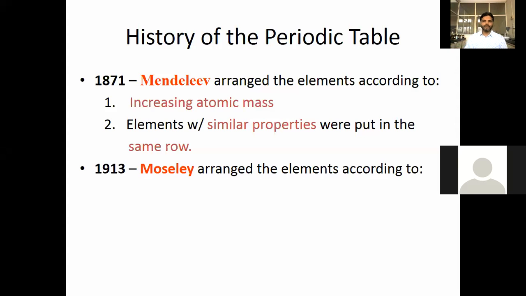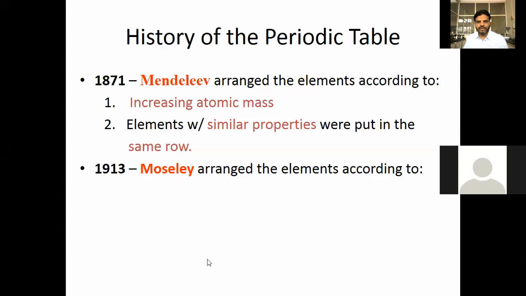But it was observed that this method of arranging elements on the basis of atomic masses was not correct, because elements having different physical and chemical properties were coming within the same group.